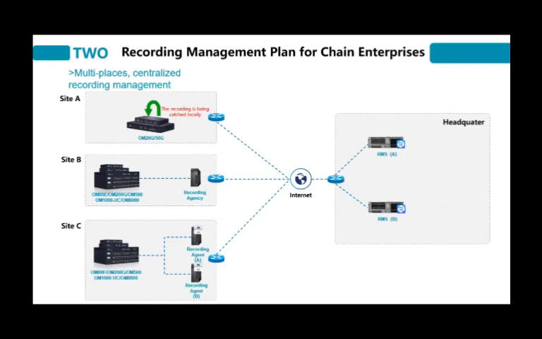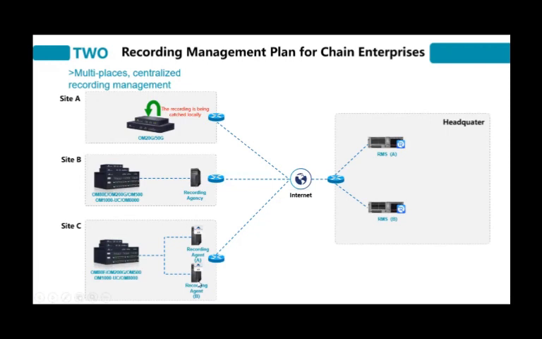So this is the diagram for chain enterprises. As you can see, if there are several branches, we can do a centralized recording management. Site A is a looping, so the recording is cached locally. For site B, they're using the bigger devices with recording agent.